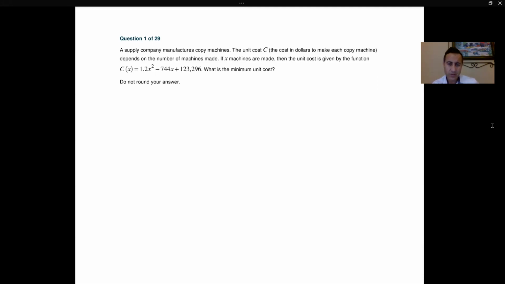So you read it a few times, and we talked about the strategy of looking at the question first to find out what it is asking, right? It's asking about what is the minimum cost. And then we look at the function and we know it's a quadratic. Then, does this function have a minimum? That's one question. Yes, it does have a minimum because A is positive.